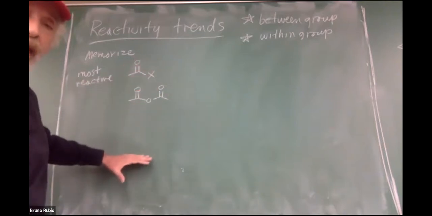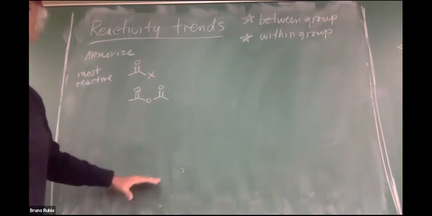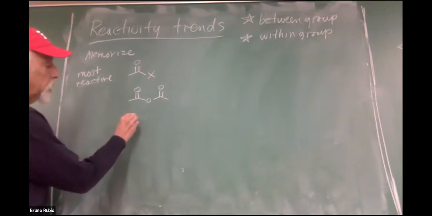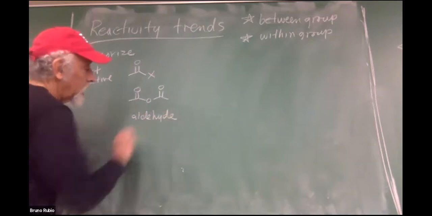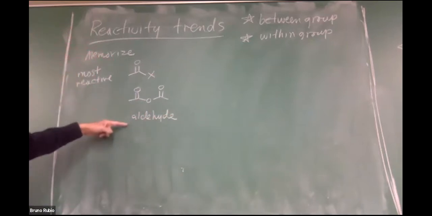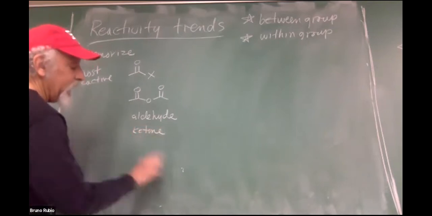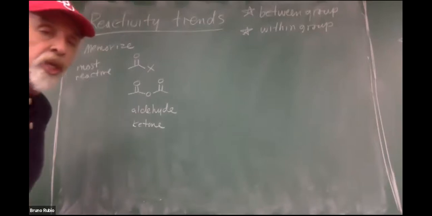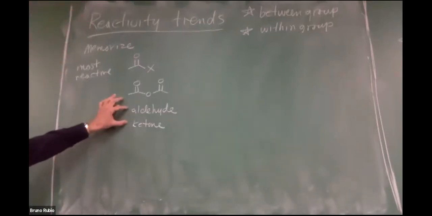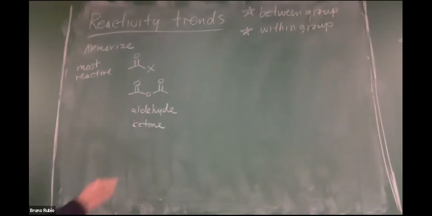But to give this more context, I want to show you where aldehydes and ketones are on this reactivity ladder. An aldehyde is less reactive than an anhydride, and a ketone is less reactive than an aldehyde for steric reasons. We talked about all of this earlier in the semester. So these aren't acyl derivatives, but this is where they are on the ladder.